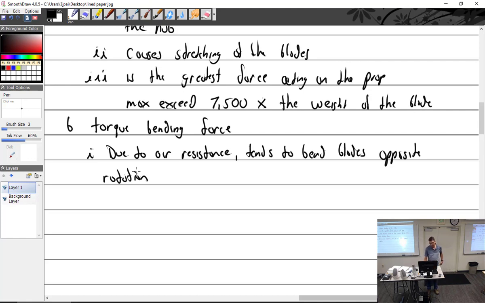So if you have a twin engine aircraft, where one engine turns to the right and one turns to the left, every 100 hours, swap your props over. So it bends it back the other way.